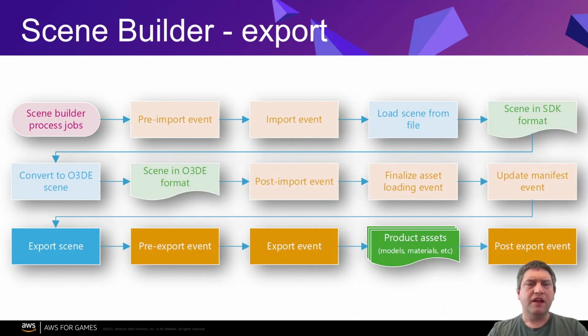And you have a trio of events here: the pre-export, the export, and the post-export. This gives you a chance to do some controlling of order of operations if you need to run some logic before or after other products are generated, or you need to put together finalized information after the product assets are generated. Maybe you need information from one product asset that may not be ready to go. Then the post-export event and the pre-export event give you tools to manage that.